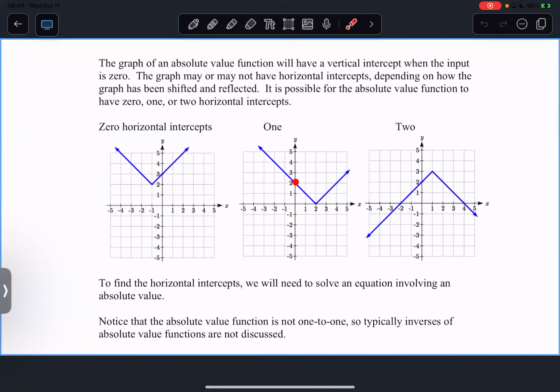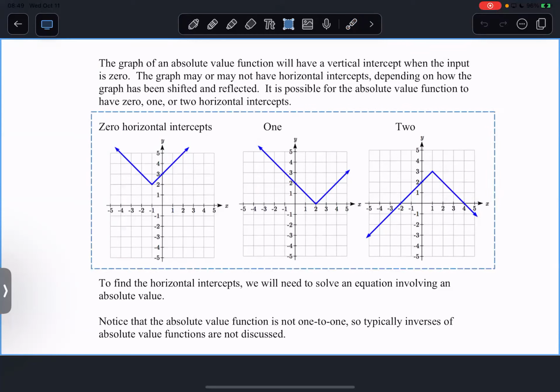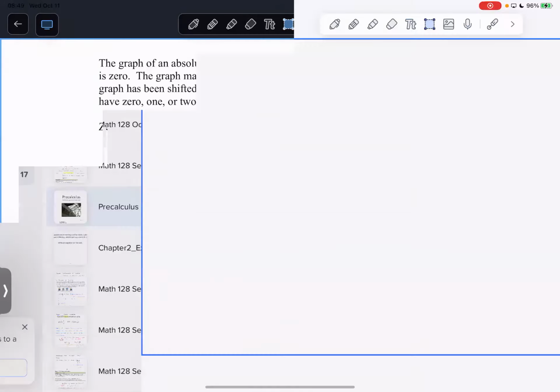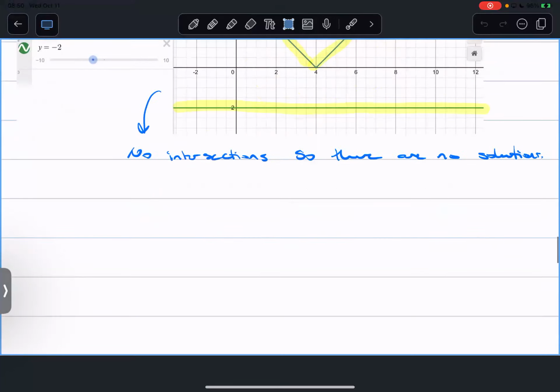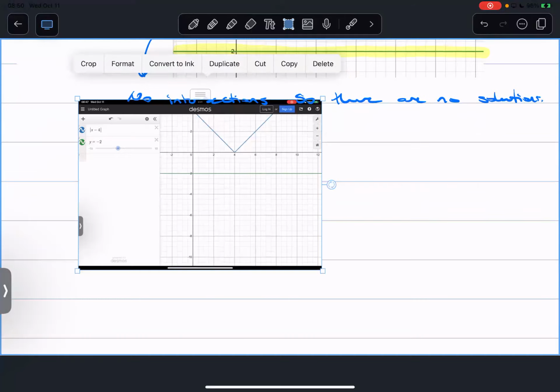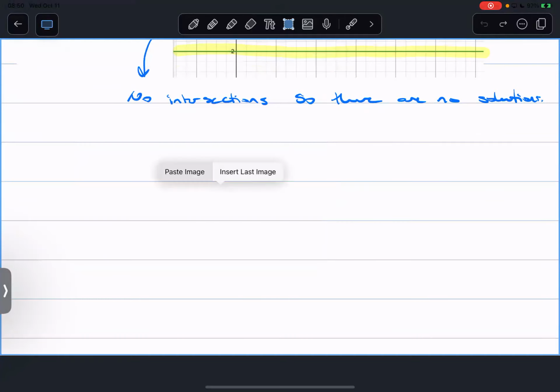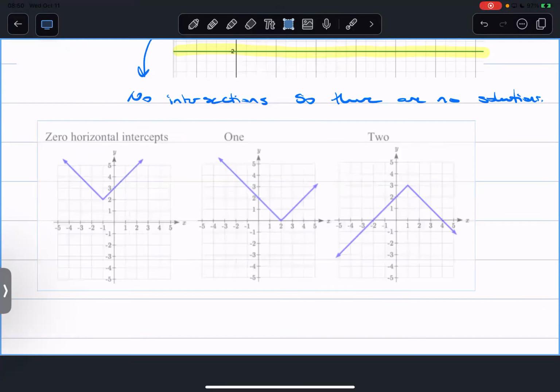I can have two intercepts, or I guess, oh, horizontal intercepts. Sorry. Let me grab this in here so I can draw on it. Horizontal intercepts.